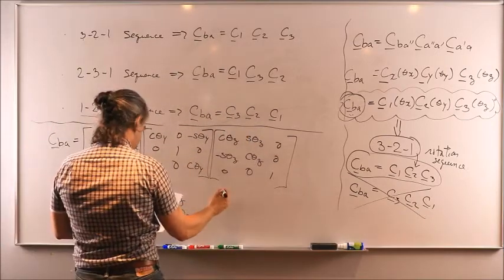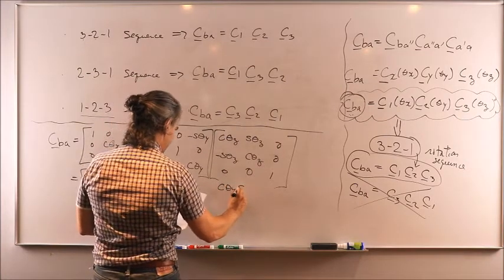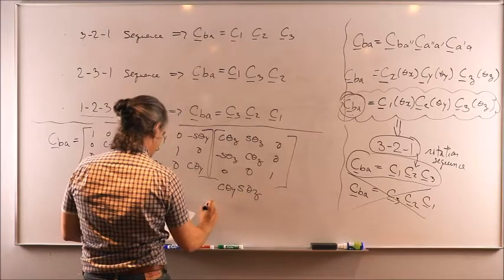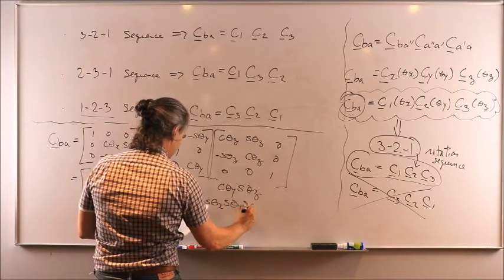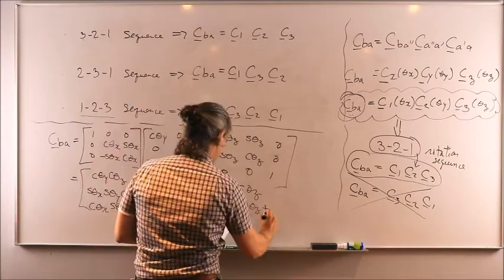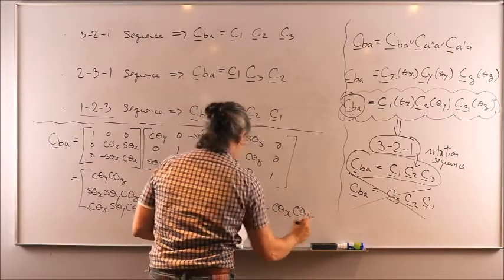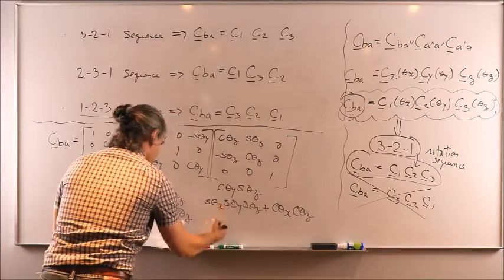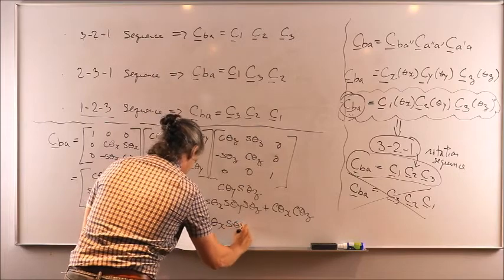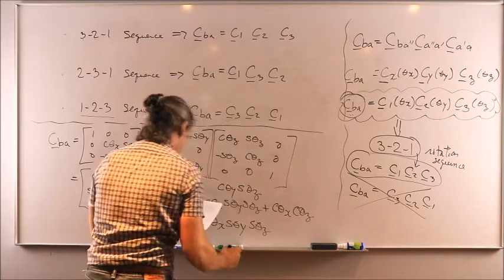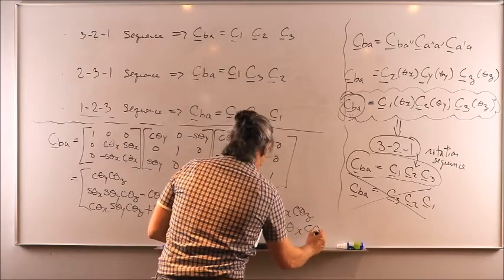And then second column starts off the first row with cos theta y, sine theta z, and here you have sine theta x, sine theta y, sine theta z plus cos theta x cos theta z. Here, the third row of the second column, cos theta x, sine theta y, sine theta z, minus sine theta x, cos theta z.